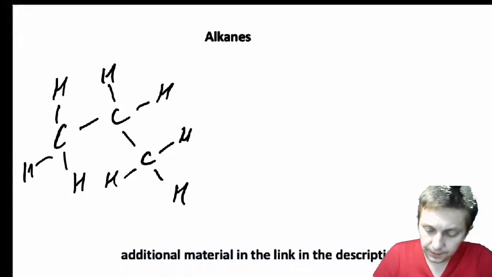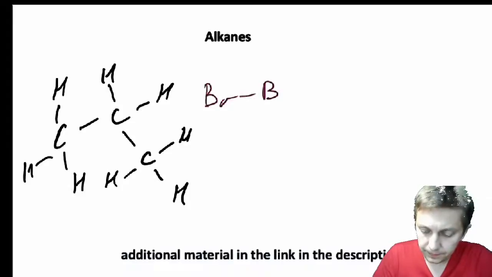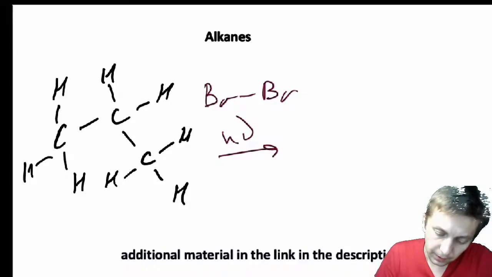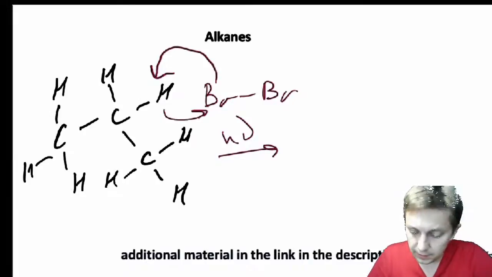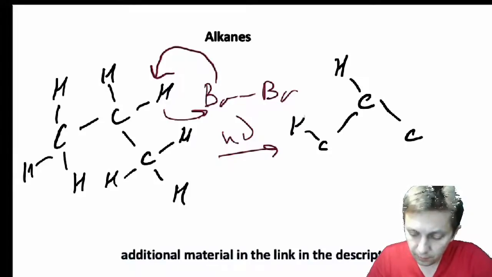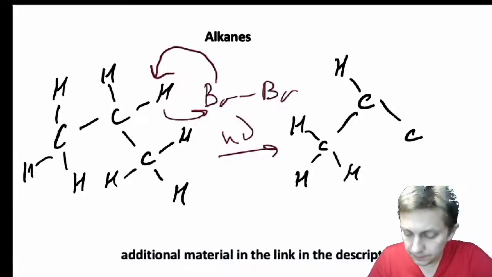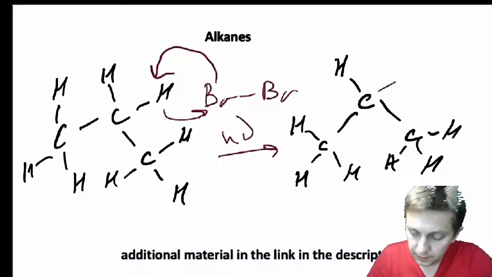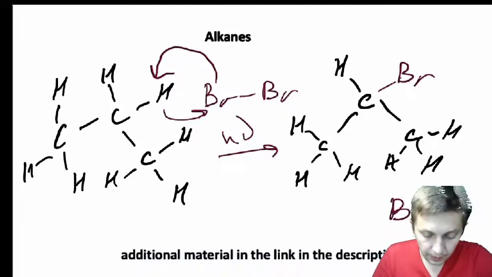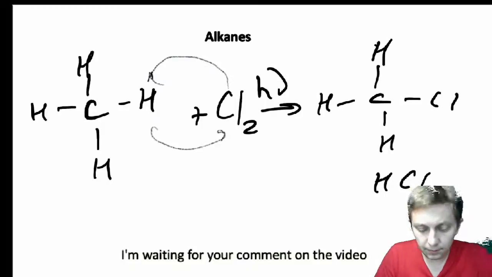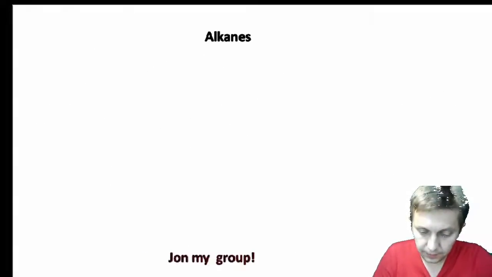In the presence of bromine, under ultraviolet radiation, one of the hydrogens is replaced by one of the bromines, and it's forming for us bromopropane and HBr. So alkanes are involved in substitution reactions.